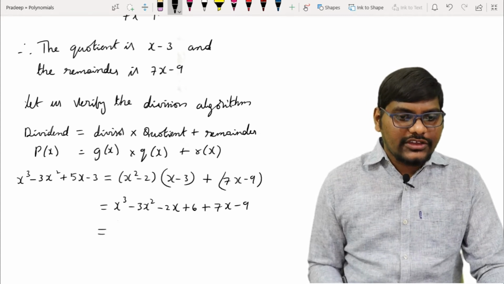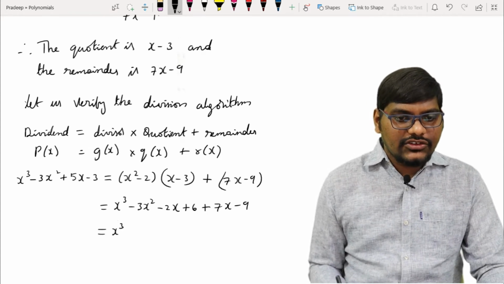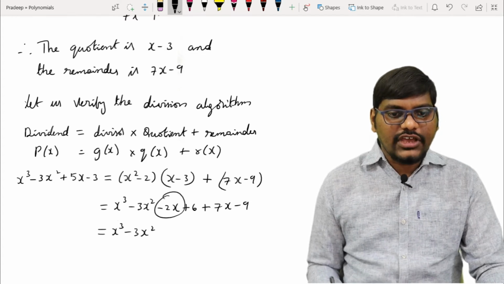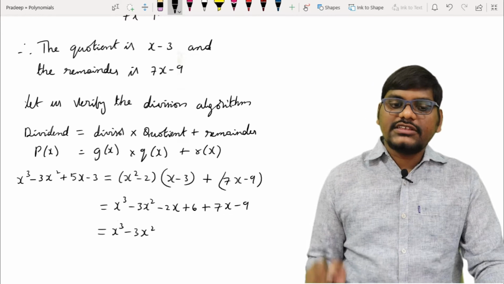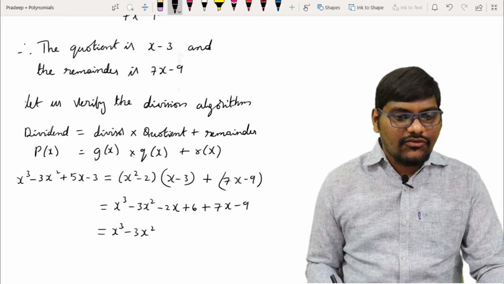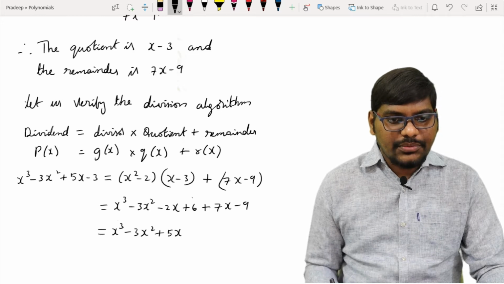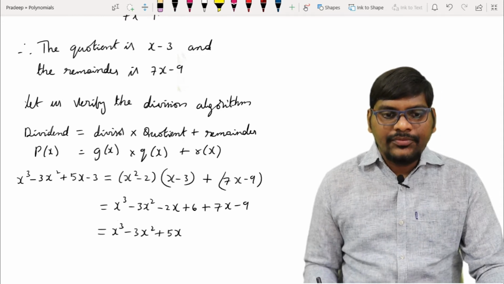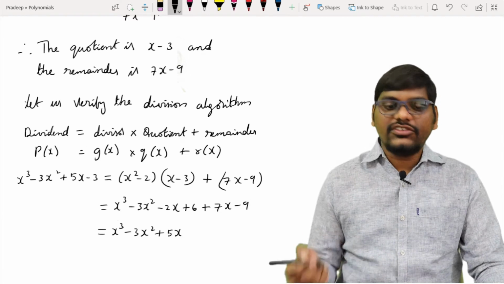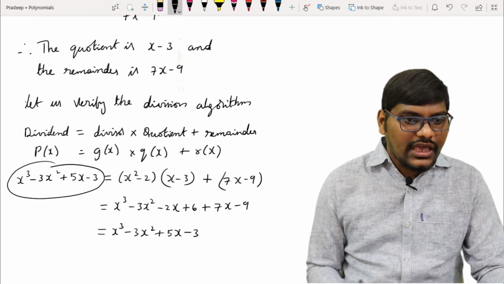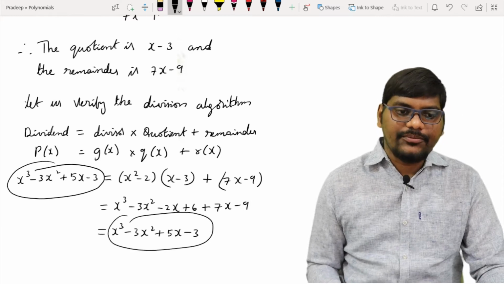So x power 3, and this is minus 3x square, and here if you observe, minus 2x plus 7x, 7 minus 2 is how much? It is 5. So I can write plus 5x, and this is plus 6 minus 9, which is minus 3. See, this value and this value are perfectly the same, right?